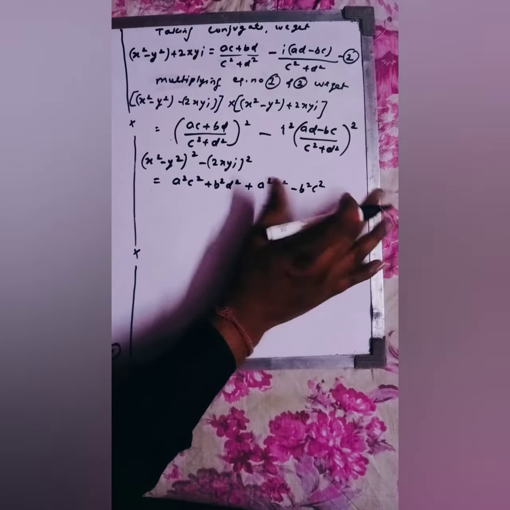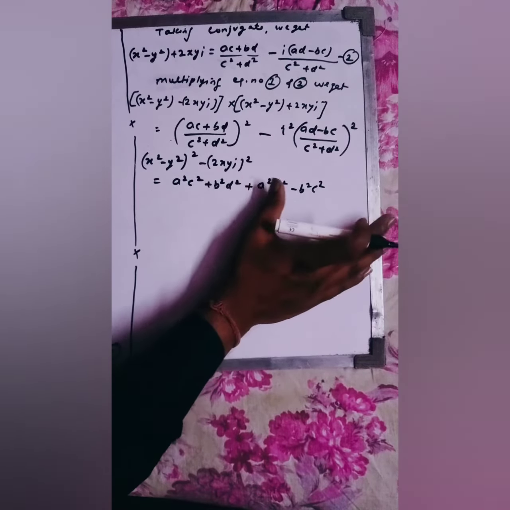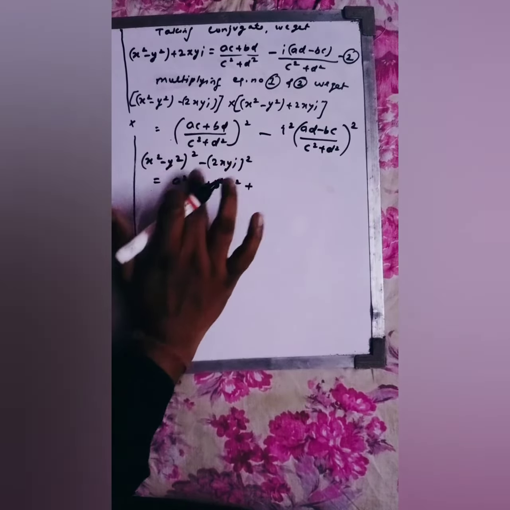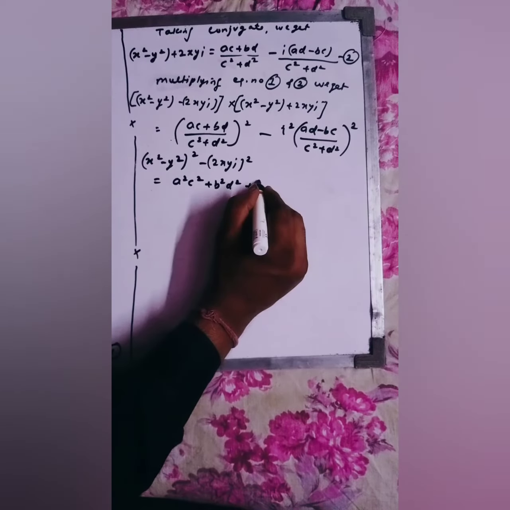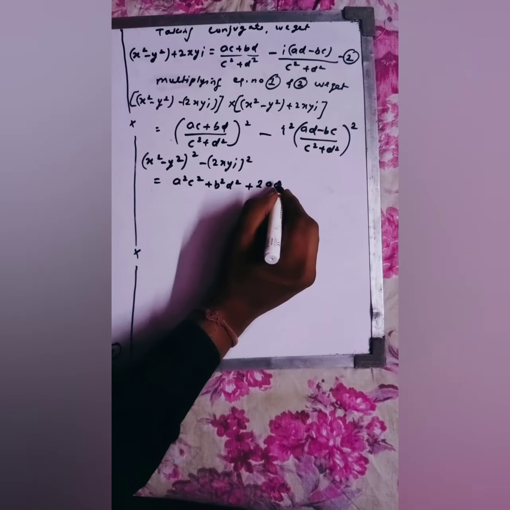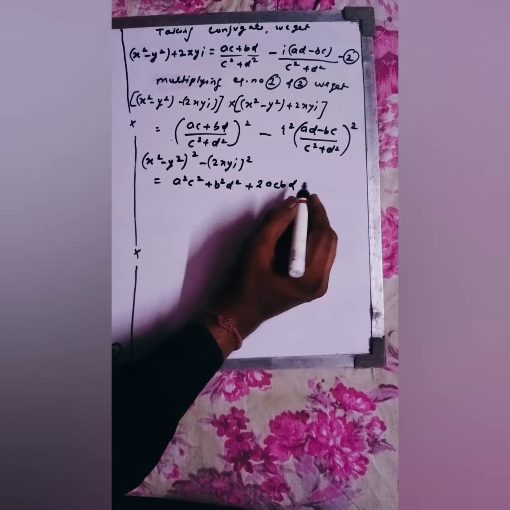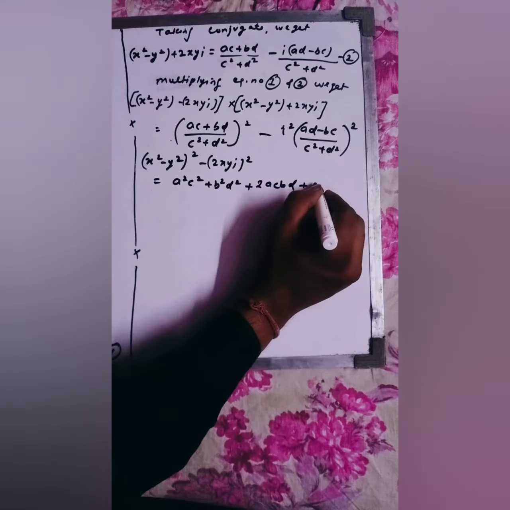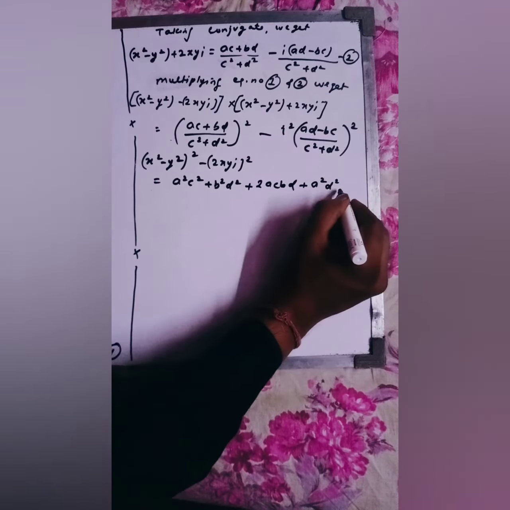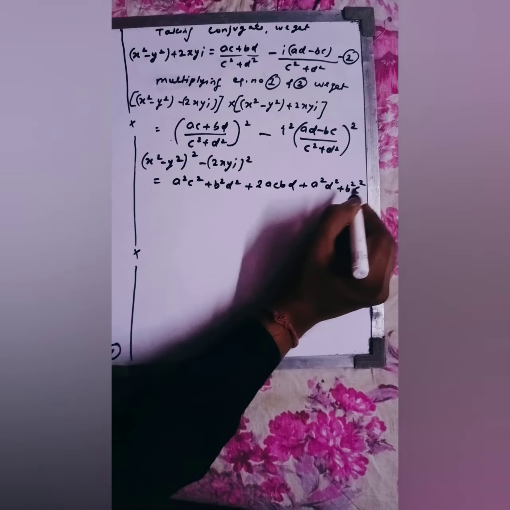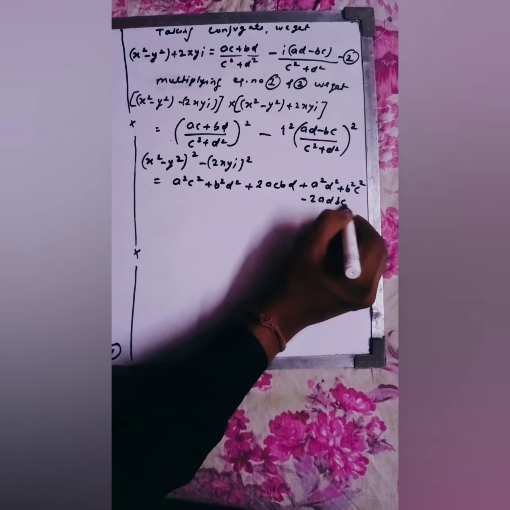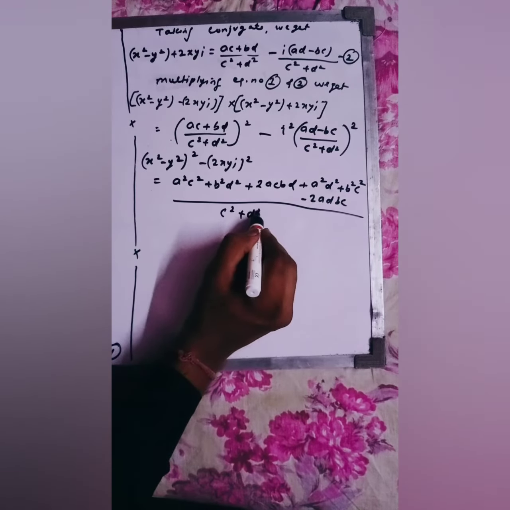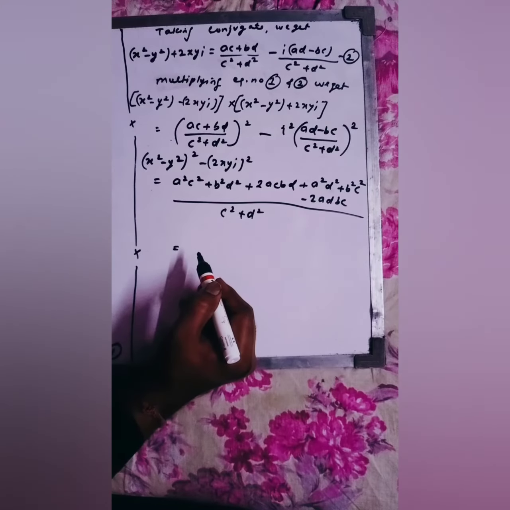And just wait, 2ab we are not writing, no. See, when you open this, you are applying a square plus b square plus 2ab. Side by side I am writing this also, this is 2ab. Then when you open this iota square will make this positive, plus a square d square plus b square c square minus 2adbc minus 2ab, this whole over c square plus d square.